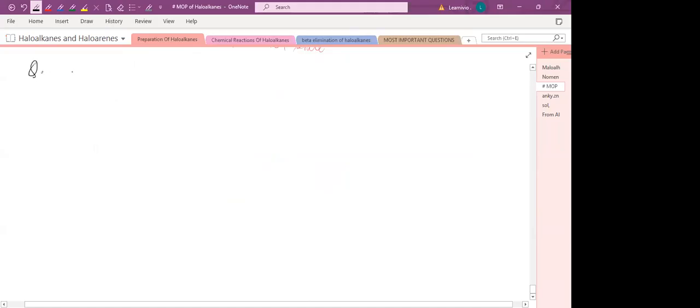Question: suppose CH3Br plus NaOH. Now tell me what the product is and also write down the mechanism of the reaction. First, tell me the product.